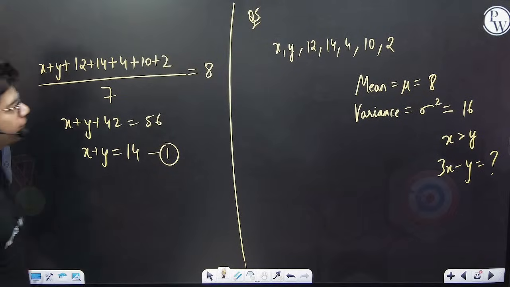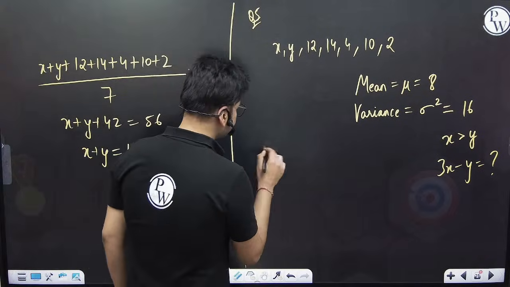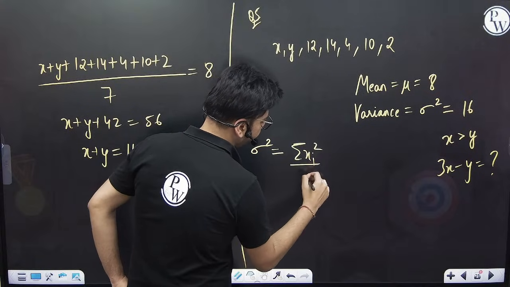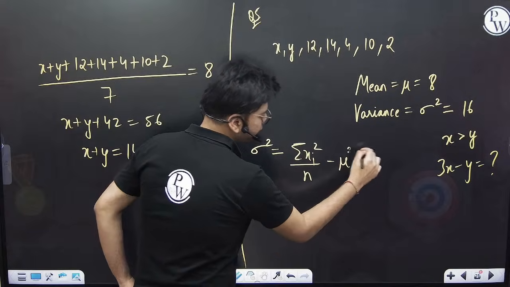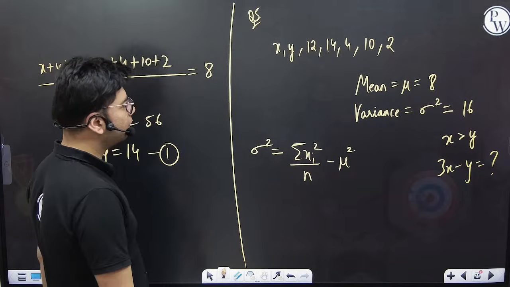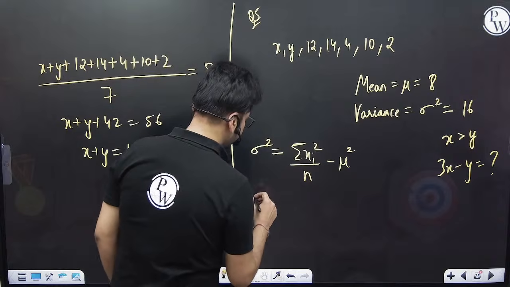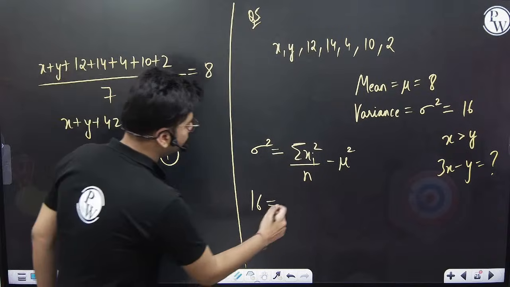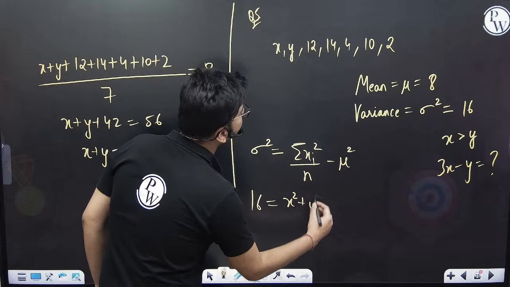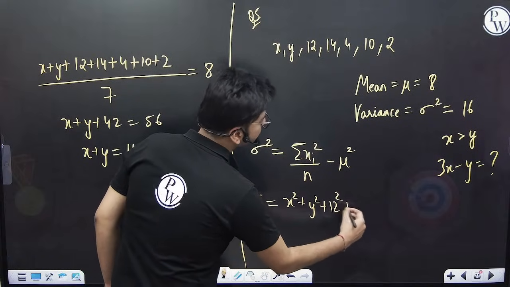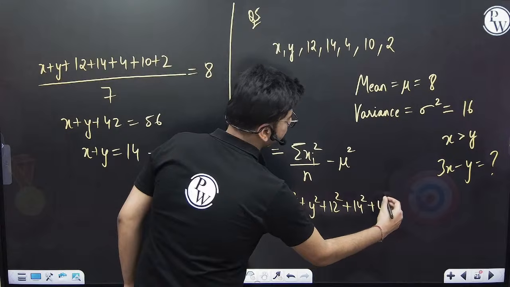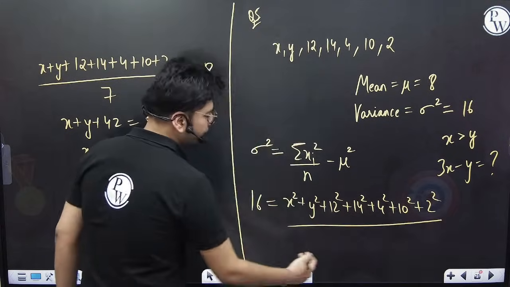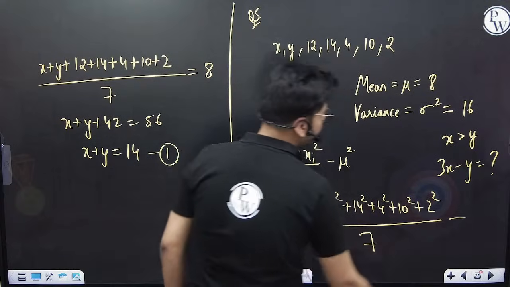In a similar way, variance sigma square is nothing but sigma xi square by n minus mu square. This is the formula for variance. Variance is given as 16, which is equal to sigma xi square by n. So now it will be x square plus y square plus 12 square plus 14 square plus 4 square plus 10 square plus 2 square upon the number of terms, which is 7, minus mu square.